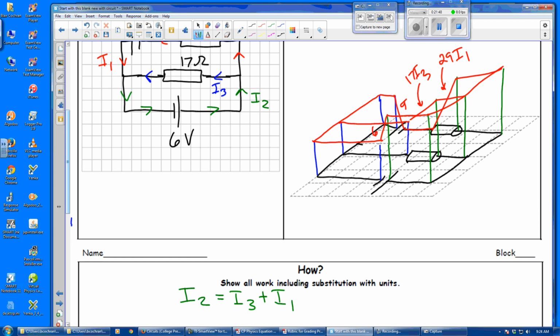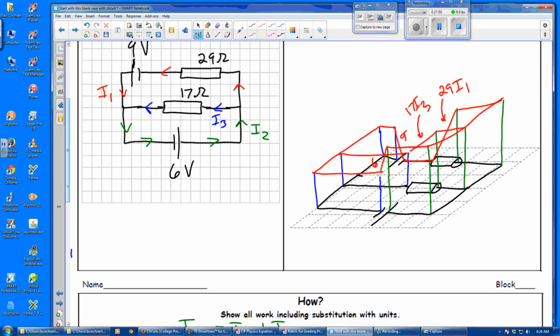How many loops do you guys see? 4? 3? 3. Matt, are you agreeing with your table mate?